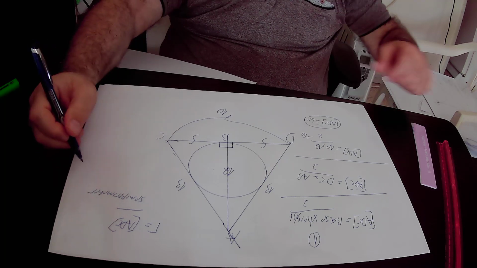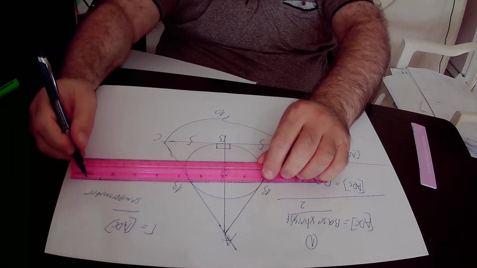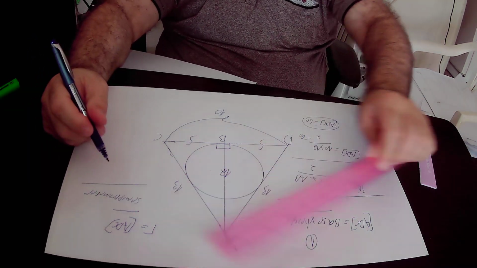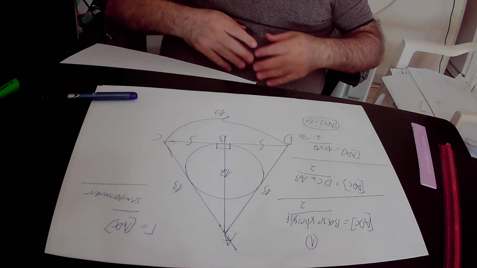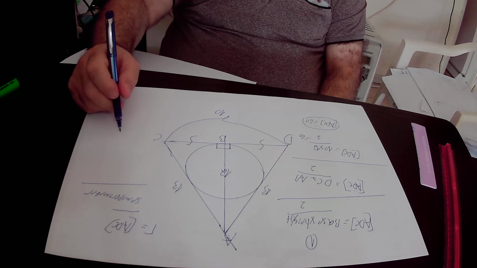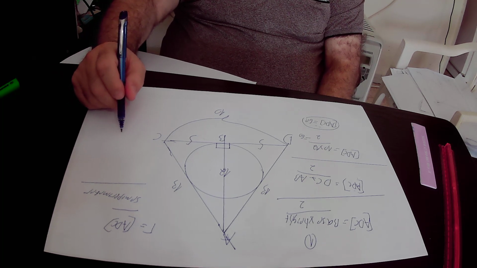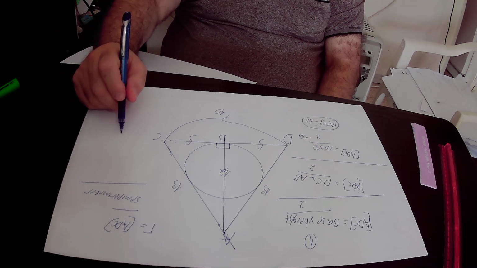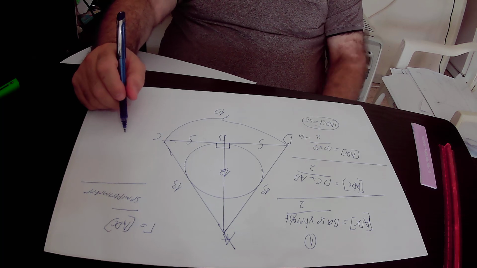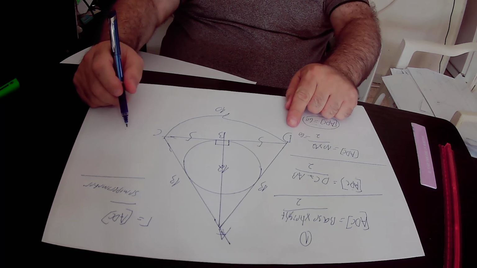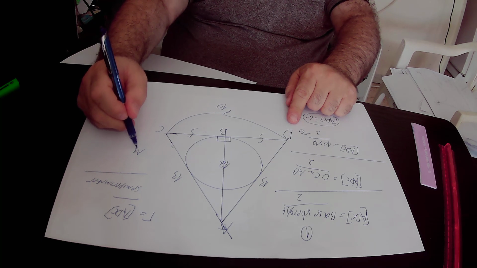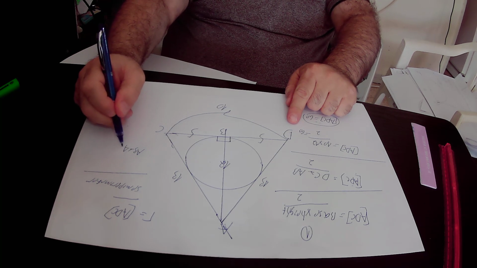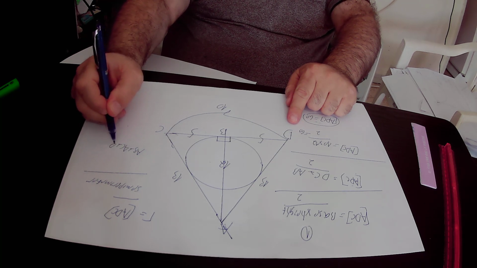And what is the semi-perimeter of any triangle? The semi-perimeter of any triangle is equal to the perimeter of the triangle over 2. And the perimeter of triangle ADC equals AD plus AC plus DC.